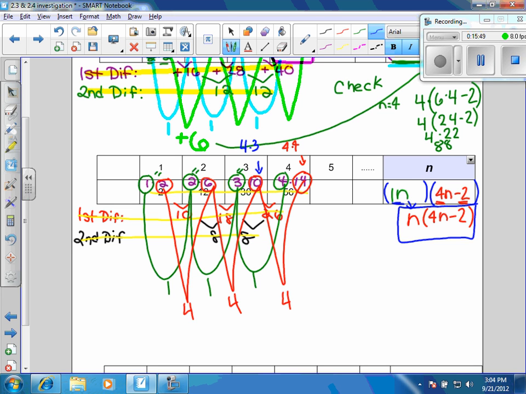And then if I asked you to find like the 500th term, if I say what's the value when n is 500, hopefully you're not going to work it out till 500, you're going to use your rule, right? It's going to be 500 times what? 4 times 500 is 2,000, minus 2.